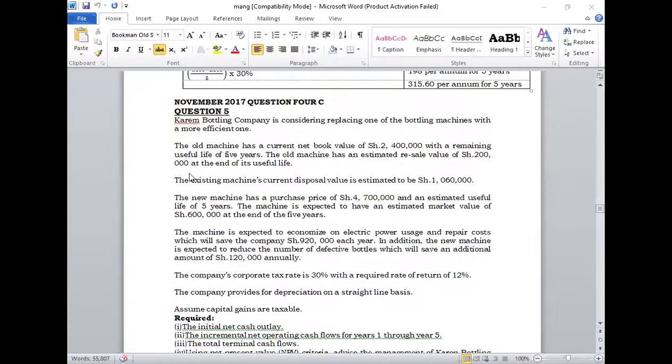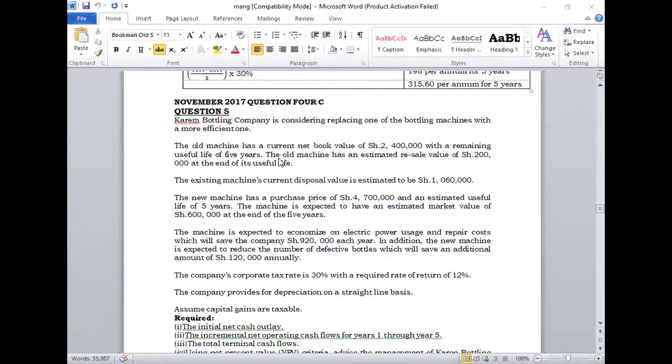On page number 102, we are told Karim Bottling Company is considering replacing one of the bottling machines with a more efficient one. The old machine has a current net book value of 2.4 million with a remaining useful life of 5 years. The old machine has an estimated resale value of 200,000 at the end of its useful life.